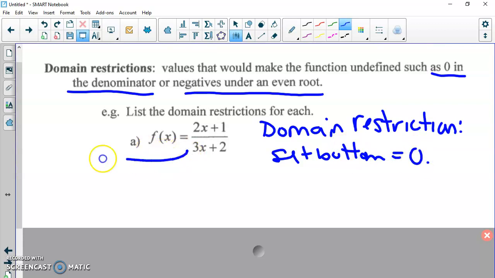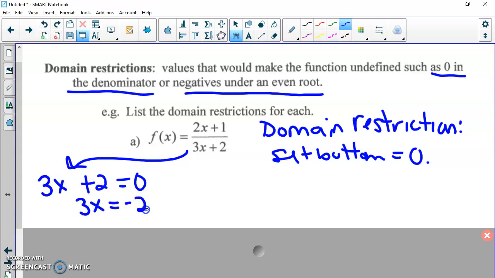In this case, 3x plus 2, when does that equal 0? Let's solve this out. Subtract 2, divide by 3. So when x is negative 2/3, the denominator equals 0, and the calculator screams at us and says, error, can't happen. So this is the restriction.